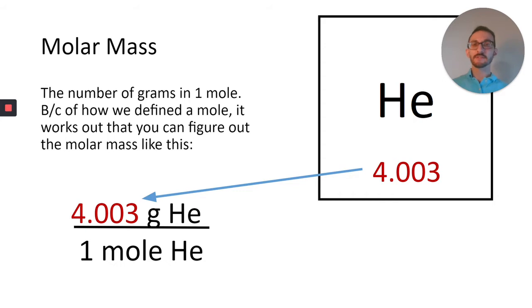And so in order to figure out how many grams of an element you need to get 1 mole of those atoms, you just take the average atomic mass from the periodic table and write it in as that number of grams in 1 mole. This is a very helpful consequence of the way that scientists initially defined a mole, because we don't have to memorize a different number for every element and compound. We can just look them up on the periodic table.